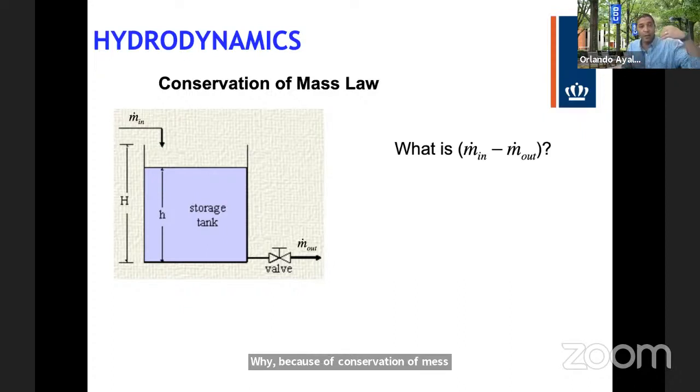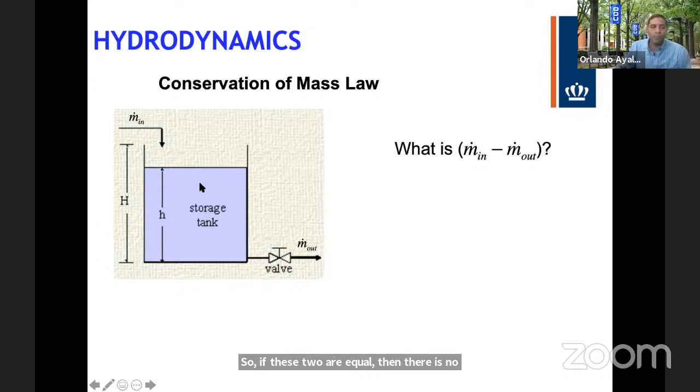Once again, mass cannot be destroyed, neither can you create it. It just gets transformed. It moves from one place to another. That's all. That's conservation of mass. So if these two are equal, then there is no change here.